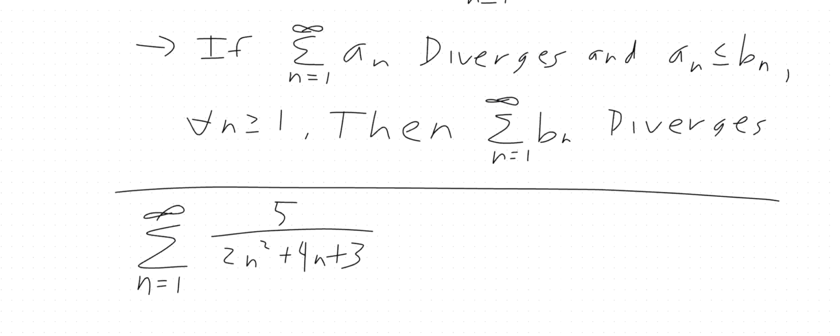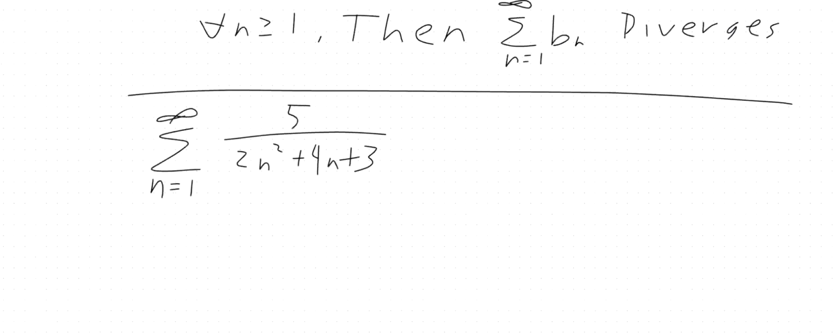We're going n from equals 1 to infinity. Does it converge? Does it diverge? Now we could try to figure out, hey, is this a telescoping series and try to figure out the exact value for it and go from there. But an easier way is to take a look at the terms of this series.